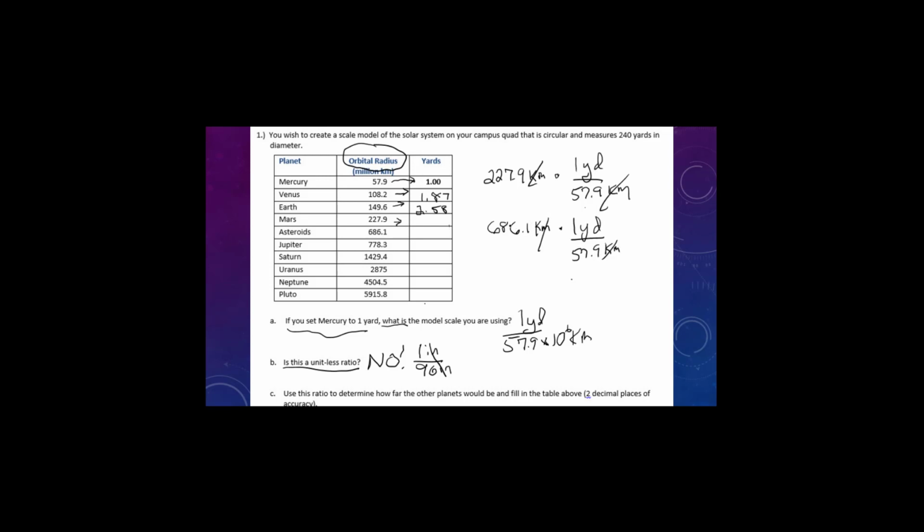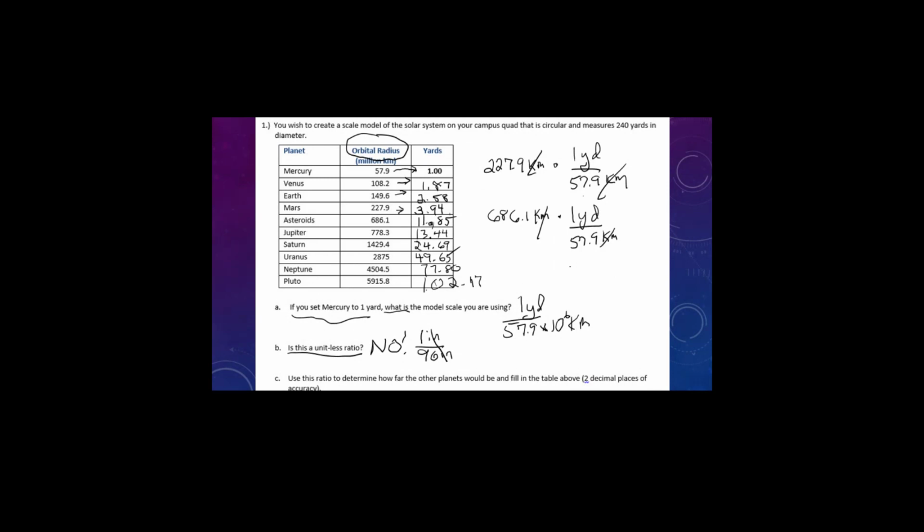Kilometers cancel. 686.1 times 1 is 1, divided by 57.9. So everything is getting divided by 57.9. So I'll just write in the answers. I would do it and check your work. So there's the answer to the distance all the other planets would be if Mercury is 1 yard away. So the aspect ratio is the same.